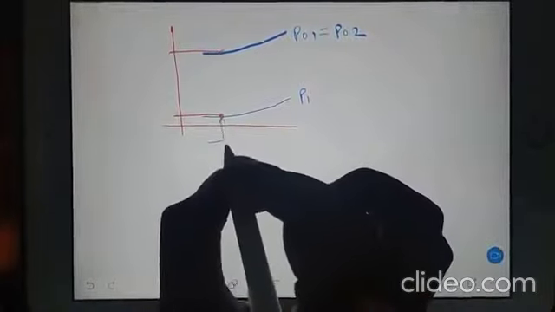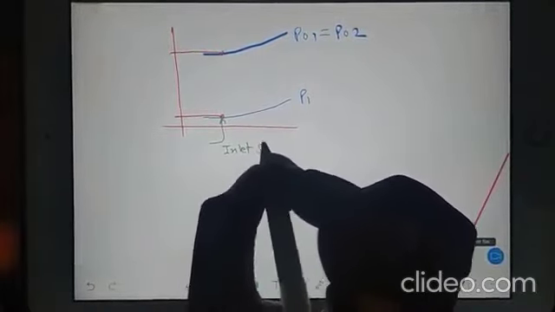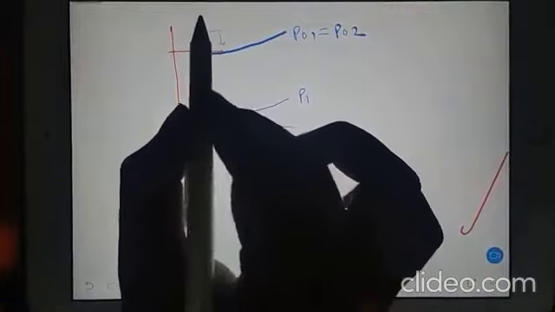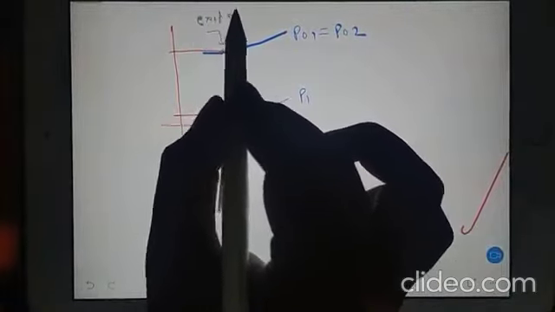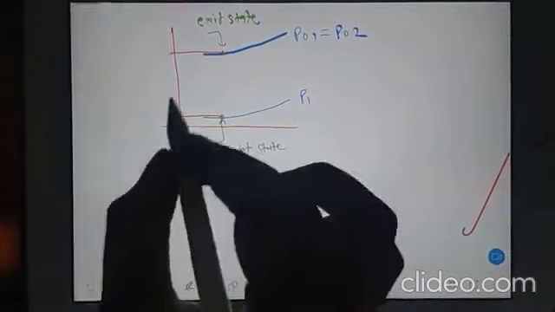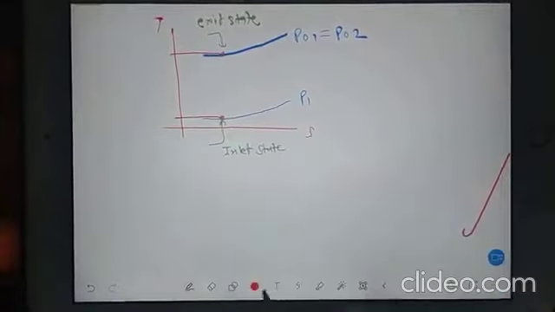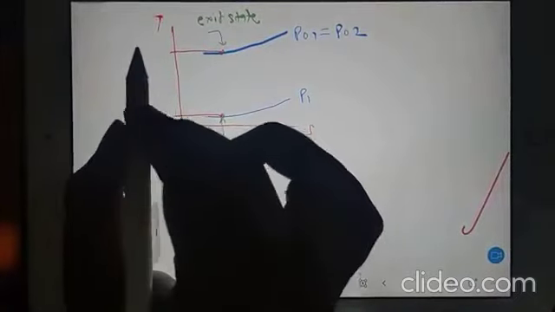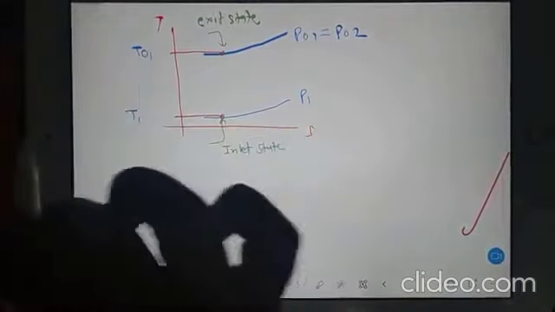So this point is representing inlet state and this point is representing exit state. So this is your TS diagram. You got your inlet state, this is your inlet temperature and this is your exit.